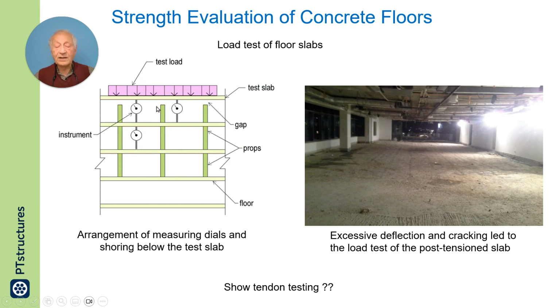You position dial gauges here and also dial gauges for the level below, since the application of the load may result in shortening of the columns and the downward movement of this slab also, albeit to a much lesser amount.